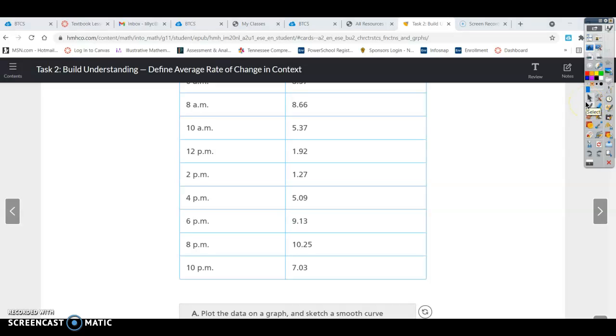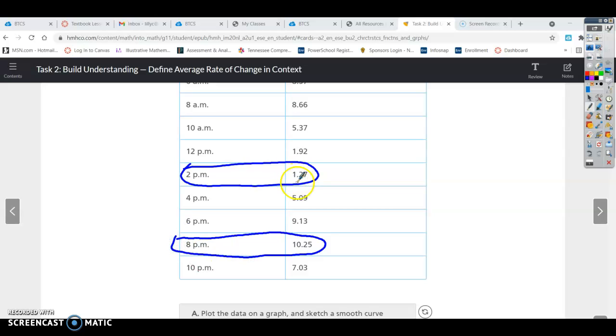So go through and take these points. And again, you can tell your minimum and your maximum value. That's how you know that that's low tide and this is high tide. So use those points to figure out what your average rate of change is.